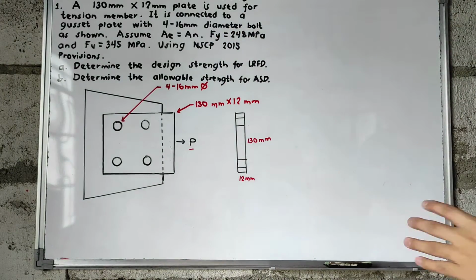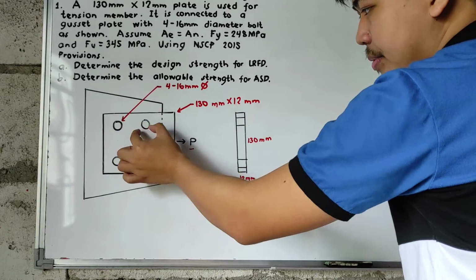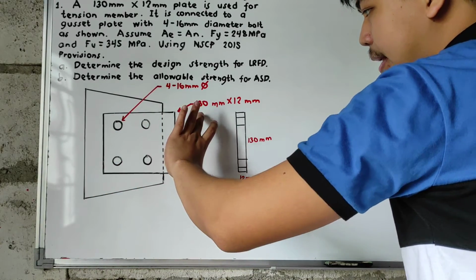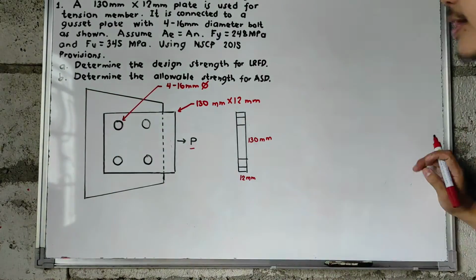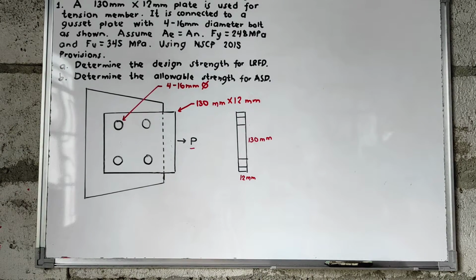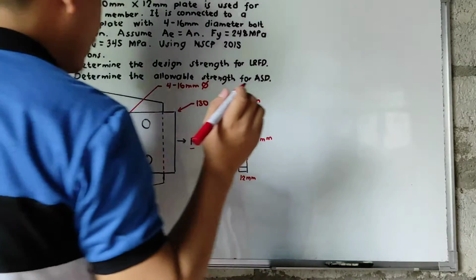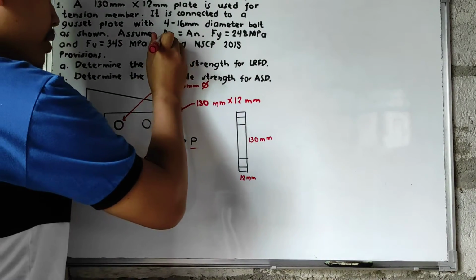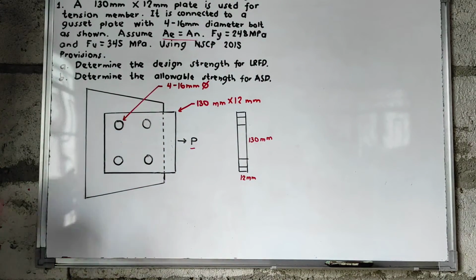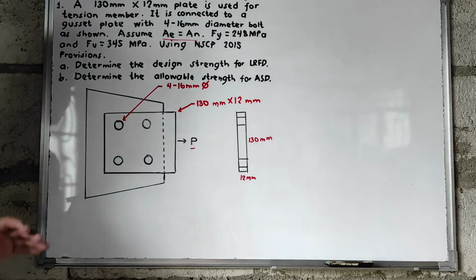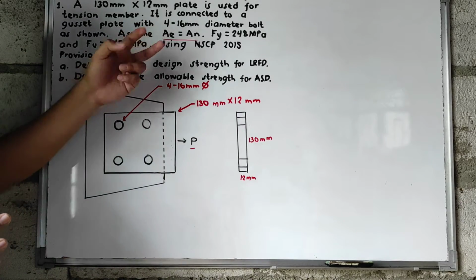So for this problem, we have 4 bolts connecting this plate to the gusset plate. For this problem, we are going to assume that the effective area is equal to the net area. Later we will discuss these two.